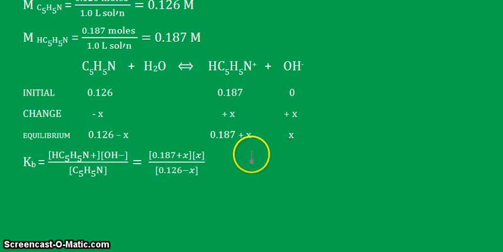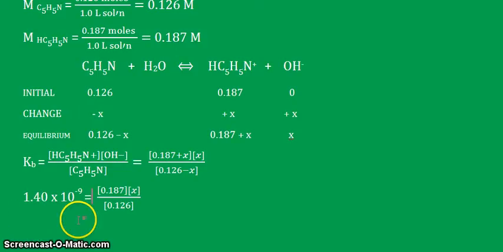So we do that, taking note that the plus x and minus x will simply cancel out because they are negligible compared to the concentration 0.187 or 0.126. So let's do that.